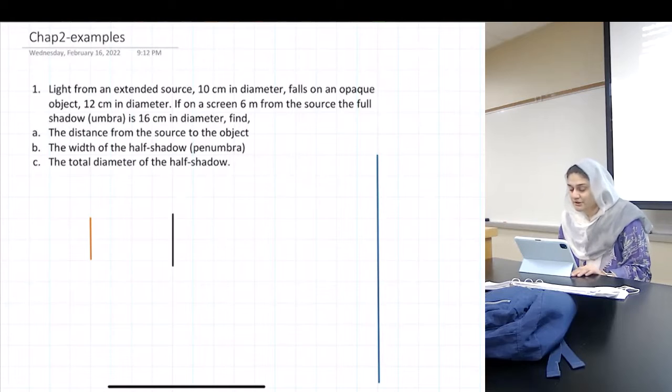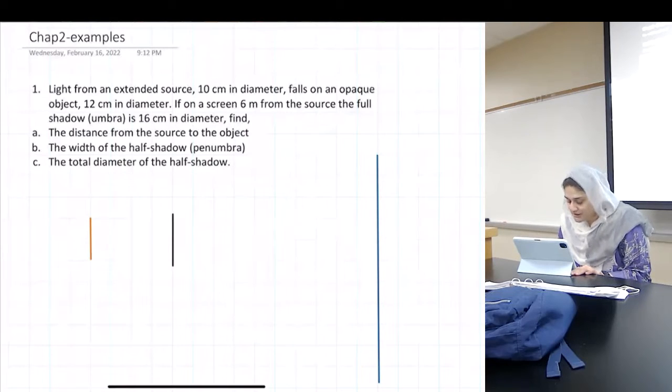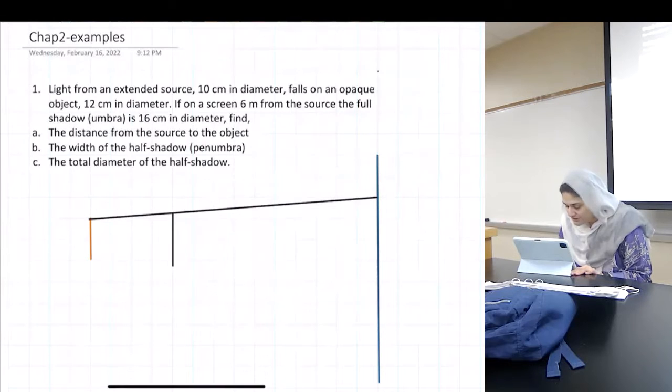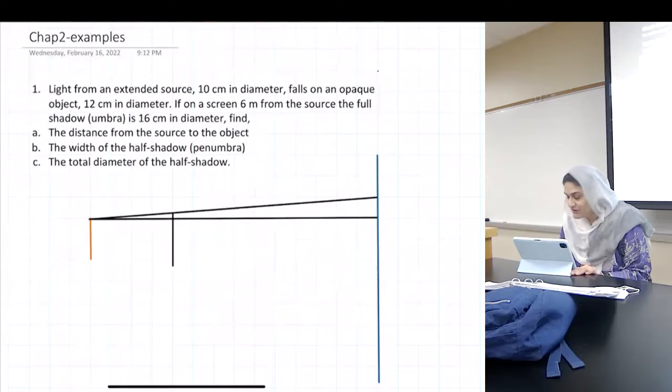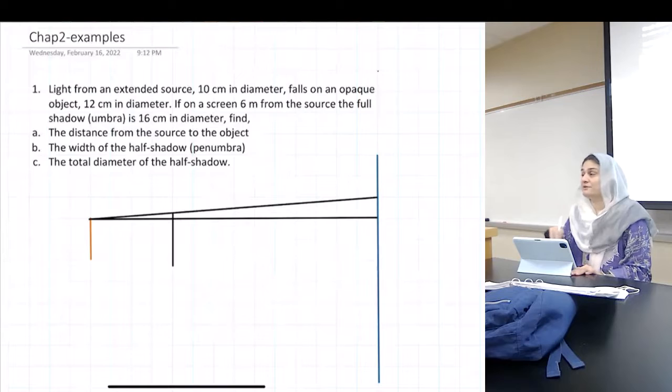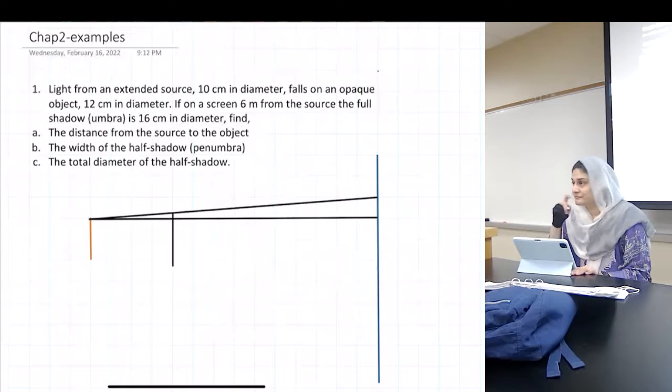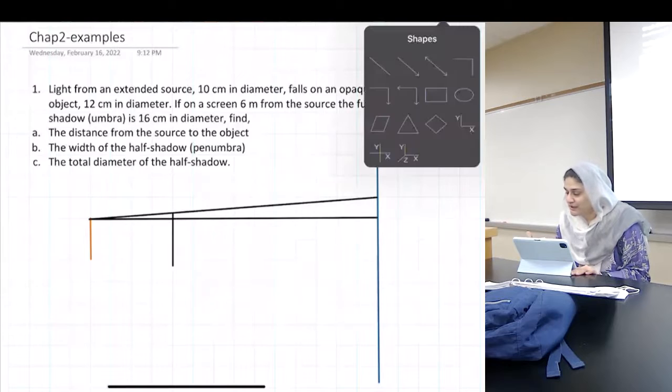So now let's start drawing. I have to take this end, hit this end, make it go to the screen. I'm just going to take the same end and make another line that goes like this. I know that one doesn't actually exist. I just have to do it for tangents and stuff. And then the same thing will happen to the other side.